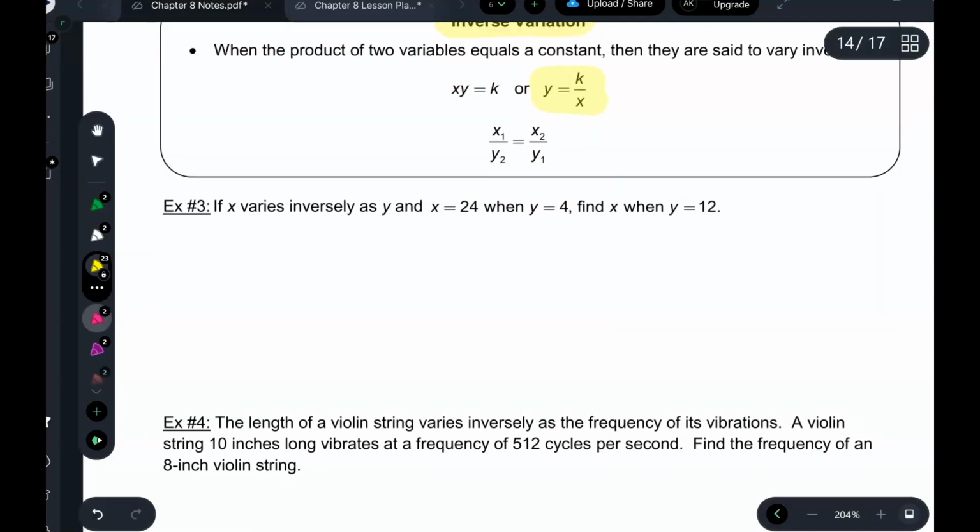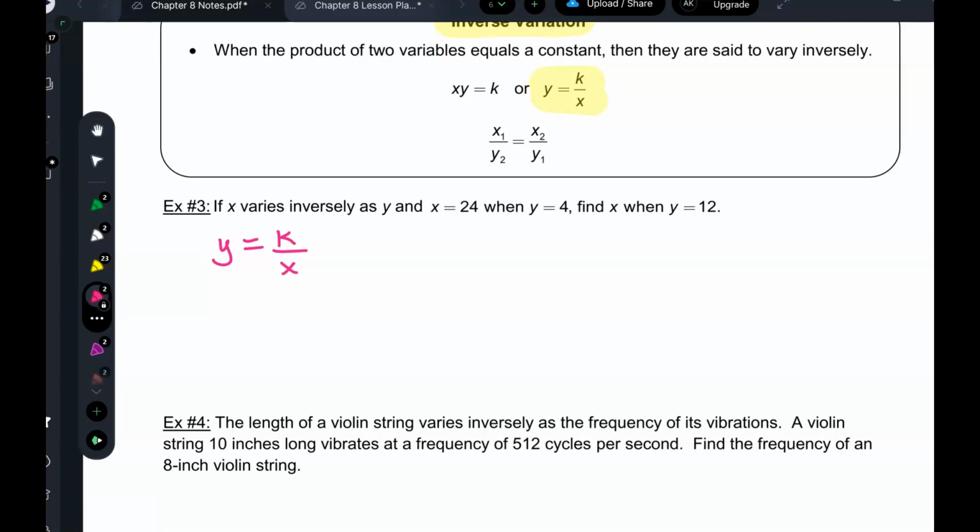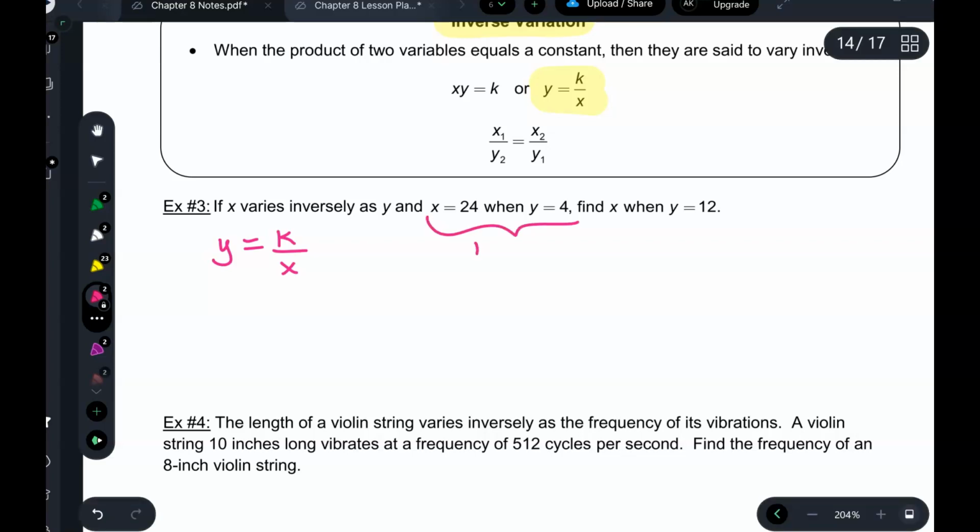So if x varies inversely as y, and we know x equals 24 when y equals 4. So we're going to find a new value of x when y equals 12. So using this information, we're going to figure out what k equals.